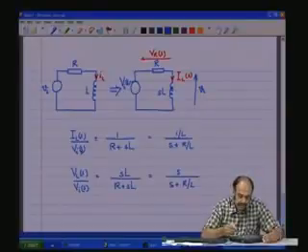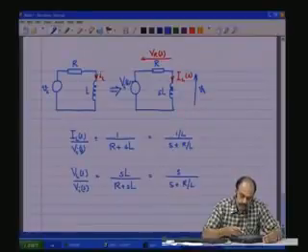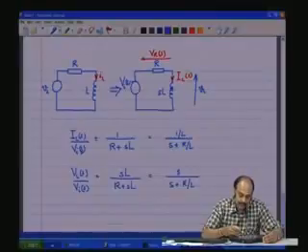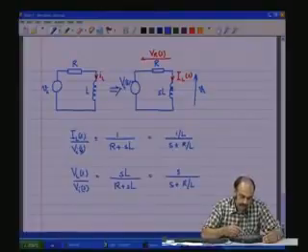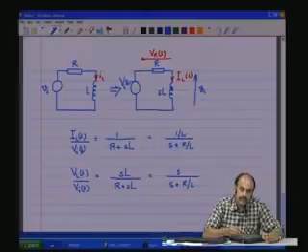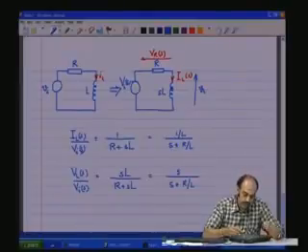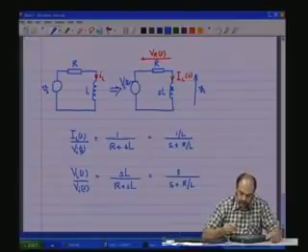You have a 0 in the numerator, S is equal to 0, and one pole in the denominator at minus R by L. These two are similar in terms of the poles, but in terms of the zeros they are different. This is decaying in nature, this is not decaying in nature. This will settle down at some value which is whatever the input value would be.